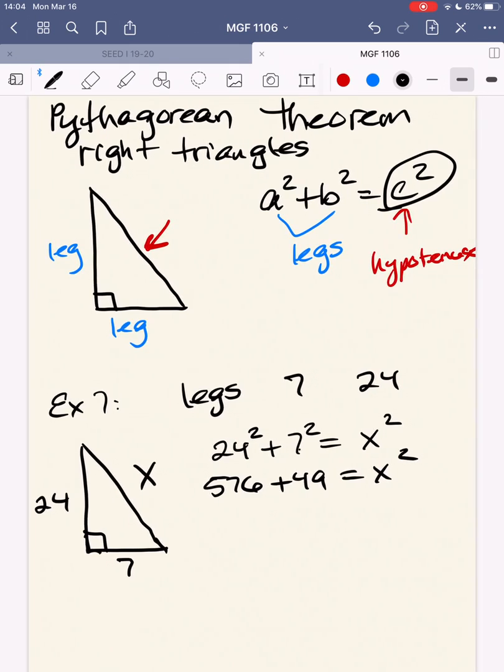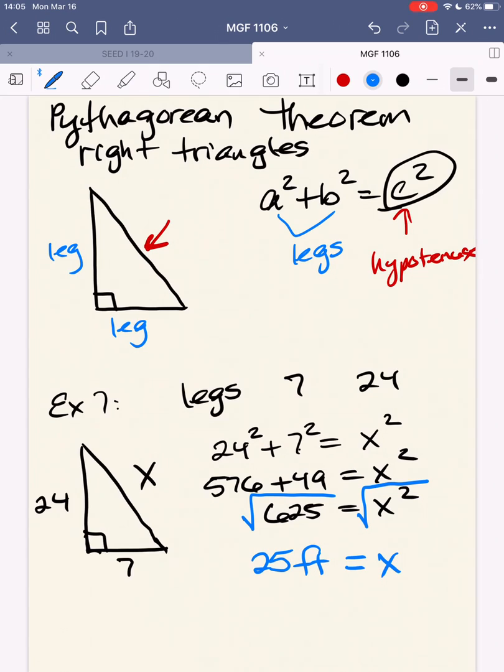When I add those together, I get 625 is equal to x squared. Now, in order to solve for x squared, the opposite of squaring something is to take the square root. So I need to take the square root on both sides. If I take the square root on both sides, I get x is equal to 25, and it is in feet.